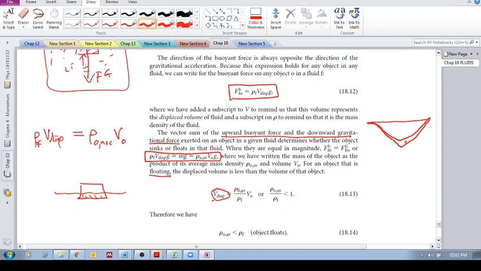If the object is steel and the fluid is water, then this ratio will be much greater than 1, and we multiply that by the volume of the object. So the volume of the displaced fluid is much greater than the volume of the object, and then you will also have the object floating. Okay? So make sure that you absorb those two ideas.